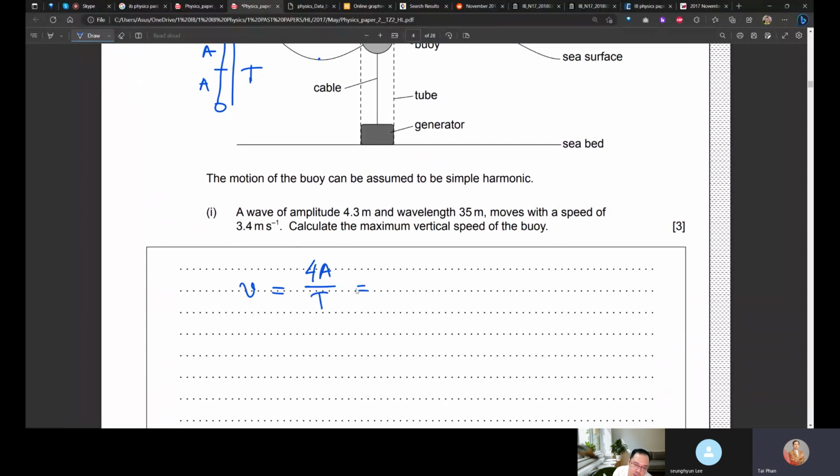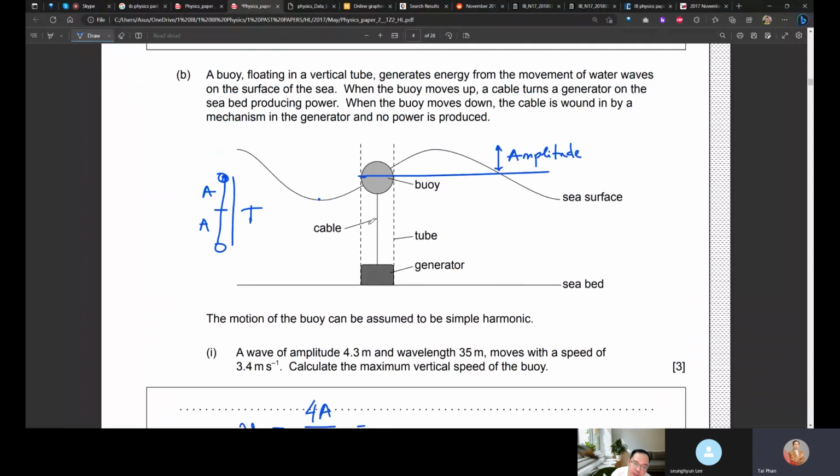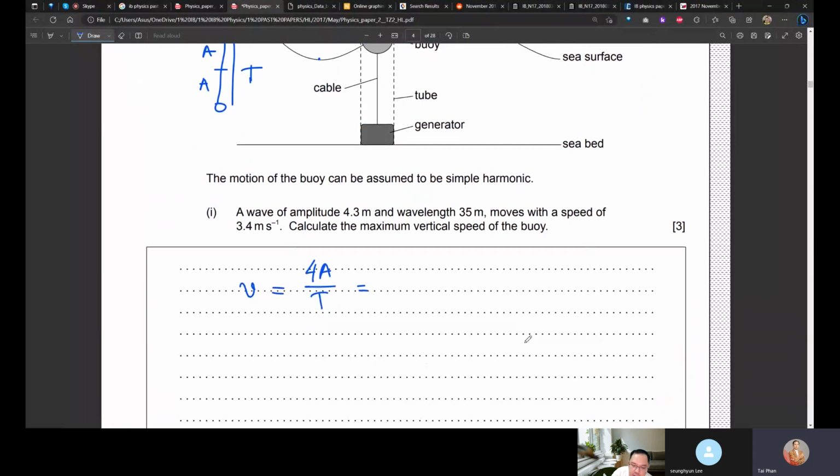The period of this buoy moving up and down is also equal to the time interval between two crests of the wave passing through that point of the buoy. The wavelength lambda of the wave is 35 meter, equal to the speed of the wave, which is different from the speed of the buoy moving up and down, which is 3.4, divided by the period.